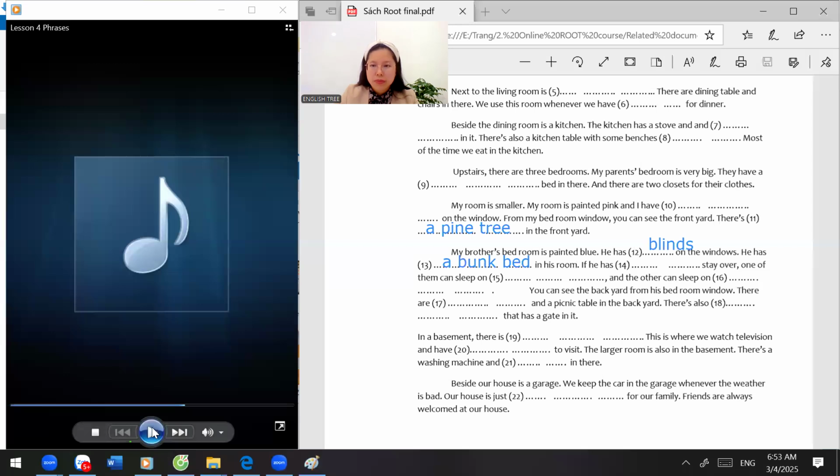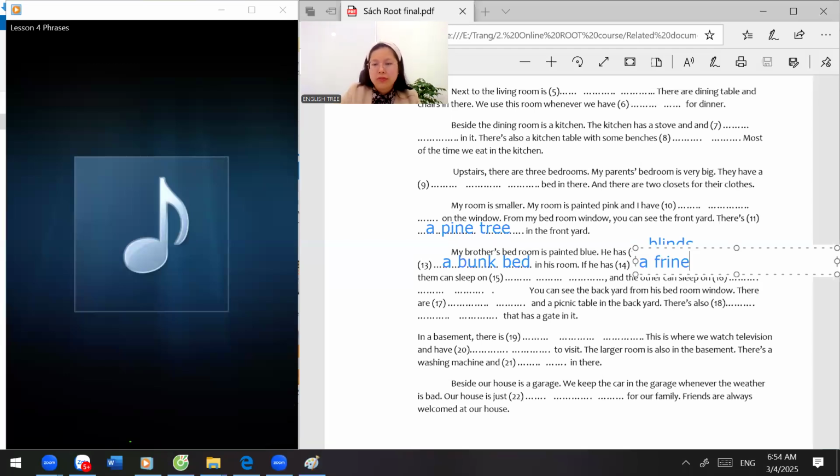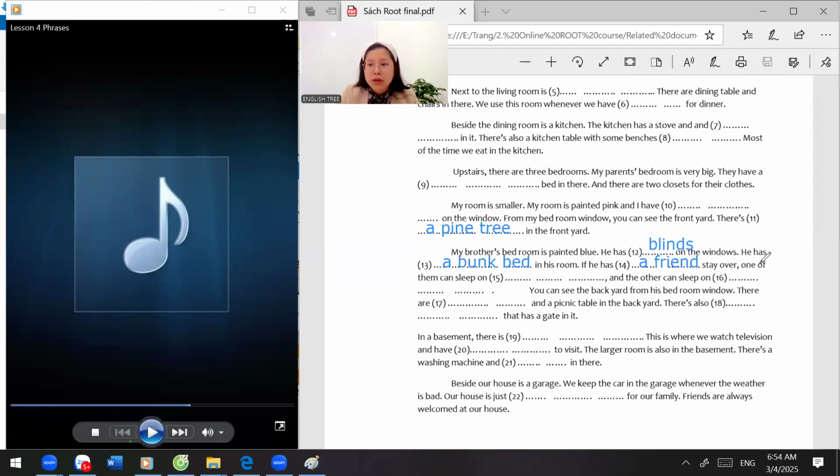If he has a friend stay over, one of them. So all of you has written friends. But if it's a friend, then only one friend comes over, it cannot be one of them can sleep on. So maybe many friends.